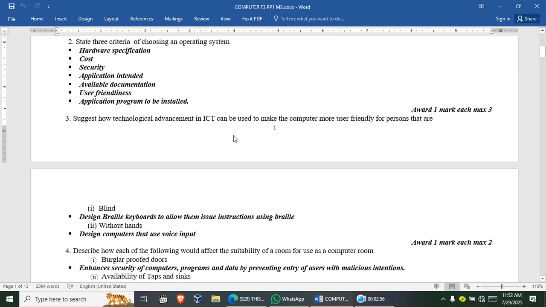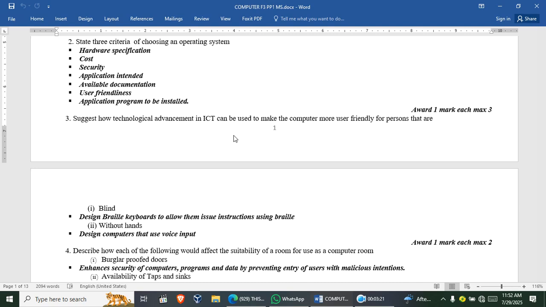Then we have: suggest how technological advancement in ICT can be used to make the computer more user-friendly for persons that are, number 1, blind, number 2, without hands. So when you talk about the blind, we use designed braille keyboards to allow them issue instructions using braille.